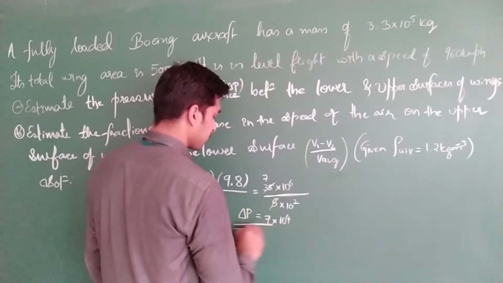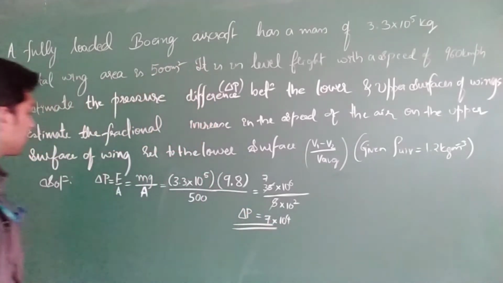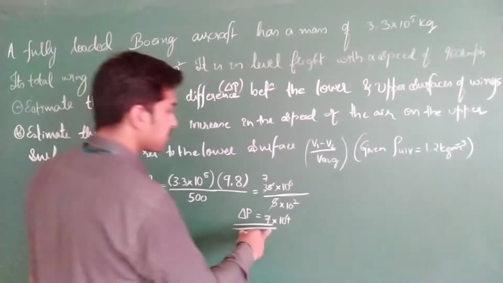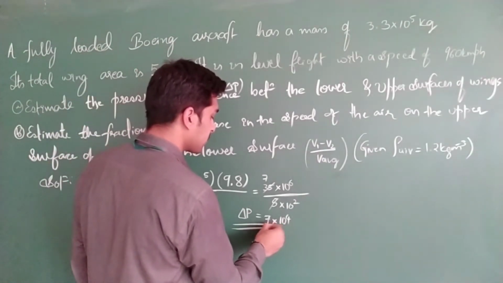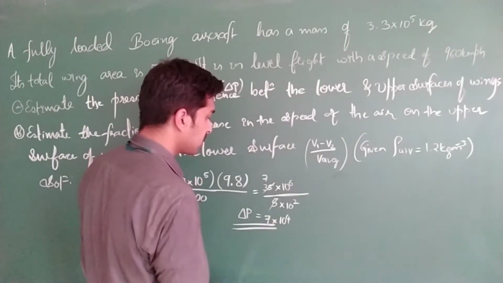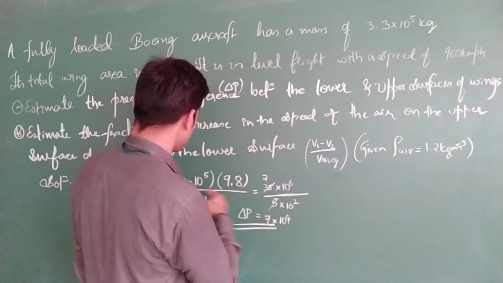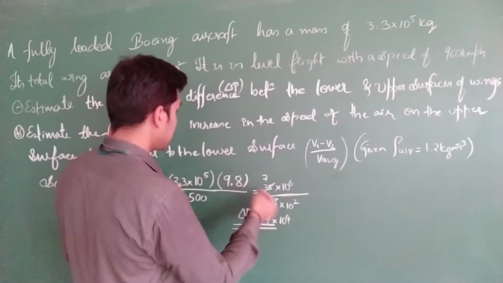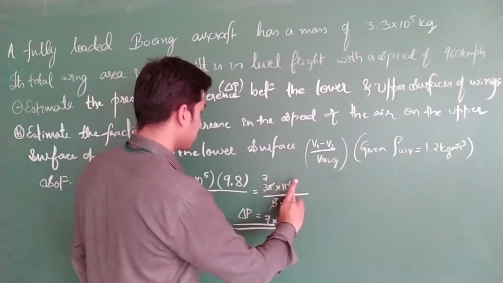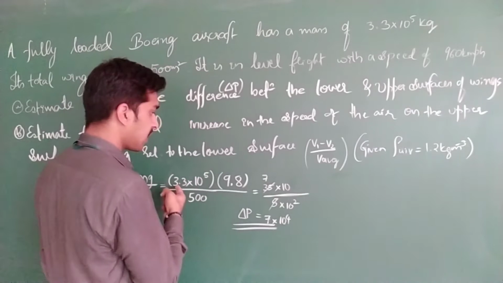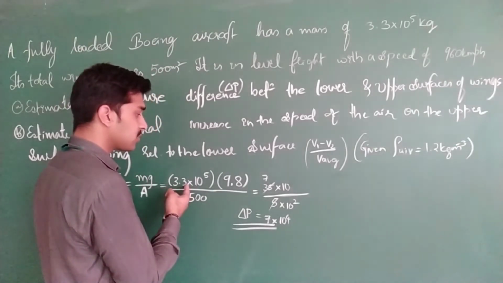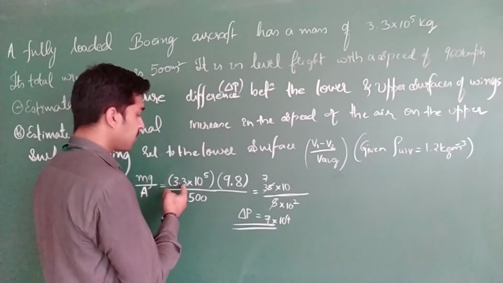Delta P. Clear? If you solve it exactly, somewhere 6.5 you will get. Oh, somewhere a small mistake I did. 3.3 I am going to choose as 3.5.